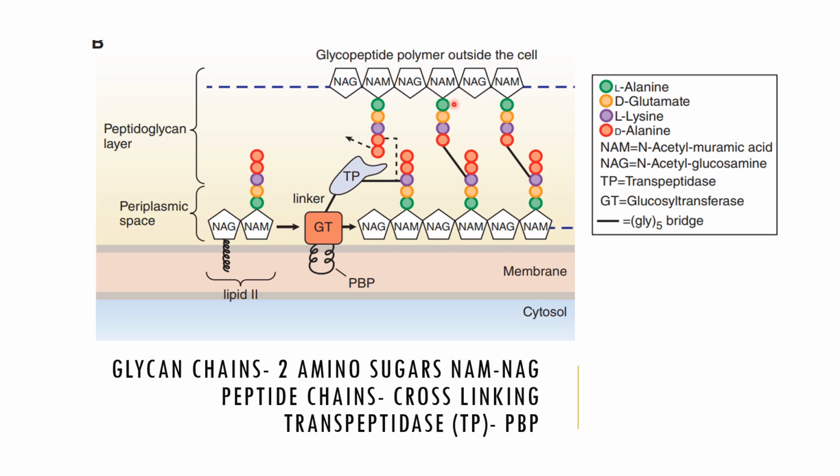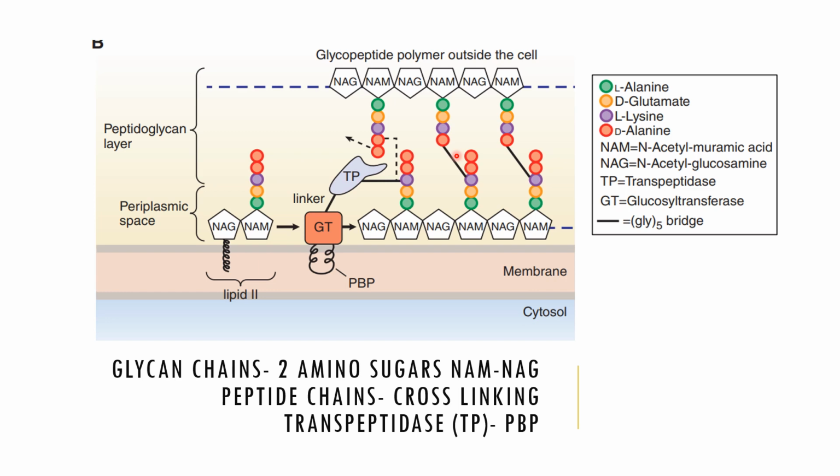And these are the amino acids: L-alanine, then D-glutamate, L-lysine, and D-alanine. Same here, it is L-alanine, D-glutamate, L-lysine, D-alanine, D-alanine. And they are cross-linked by the bridge. This bridge is of 5 glycines.